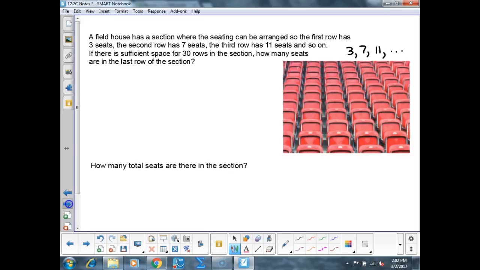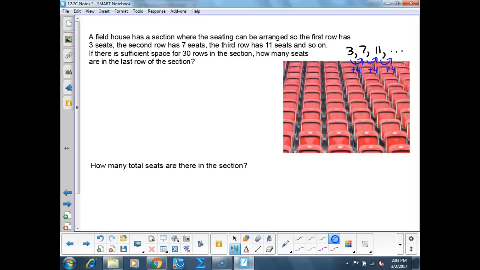Well, that's arithmetic because we're always adding 4 and we keep that pattern. There is sufficient space for 30 rows in this section of the field house.